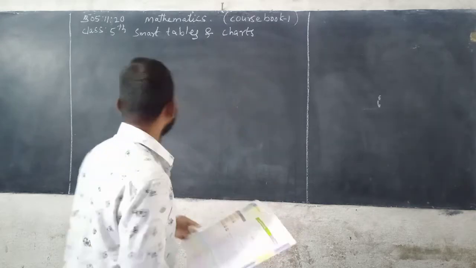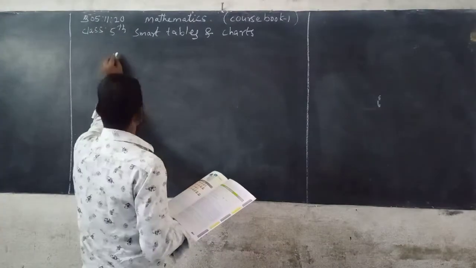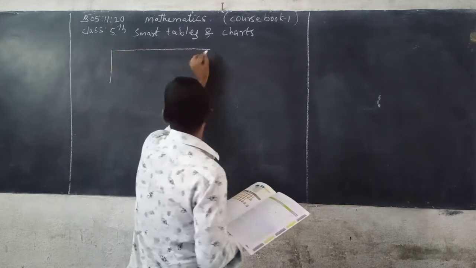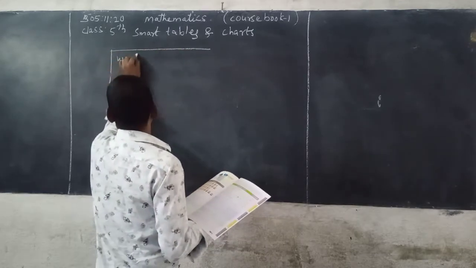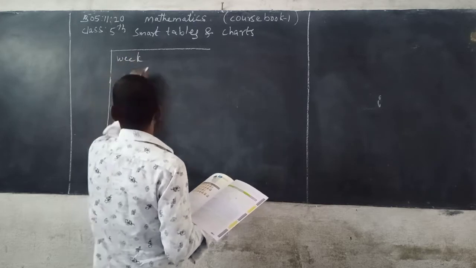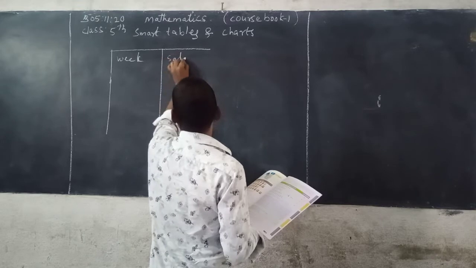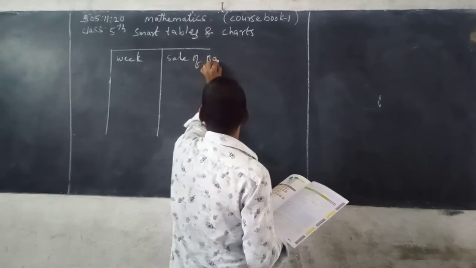Now everybody draw a table: week, next, sale of burgers.